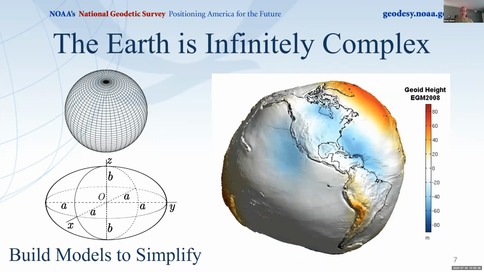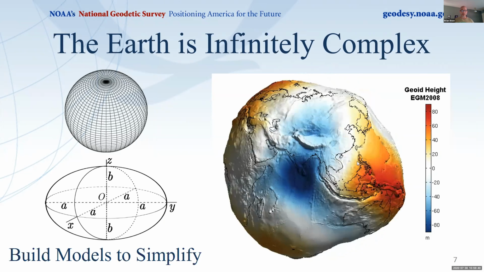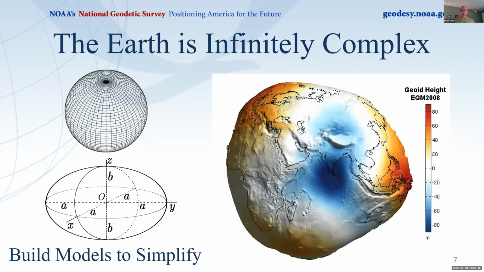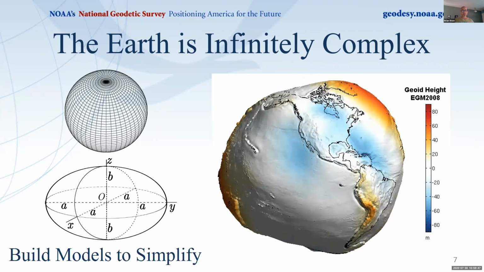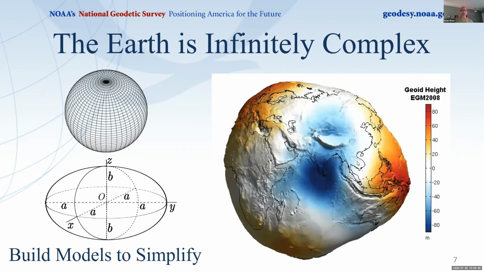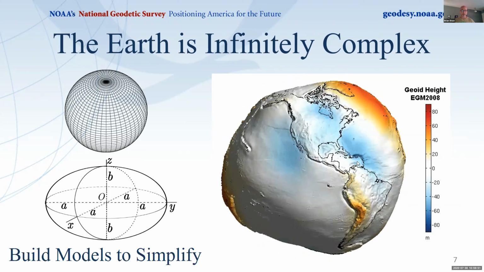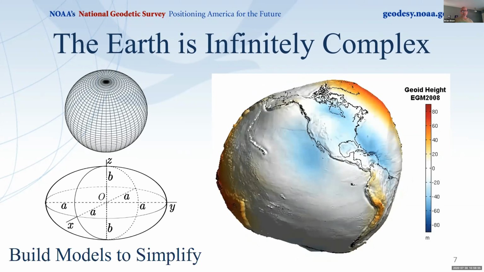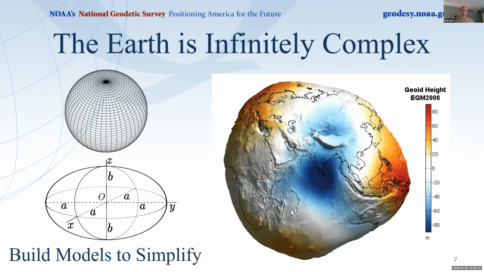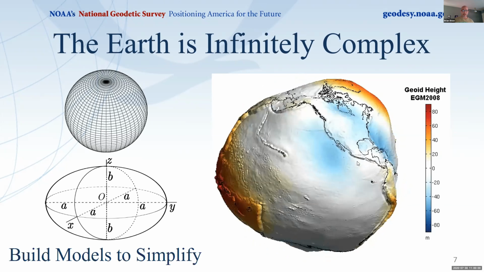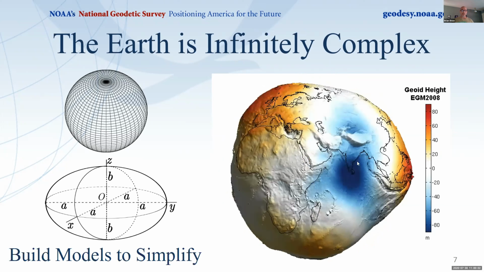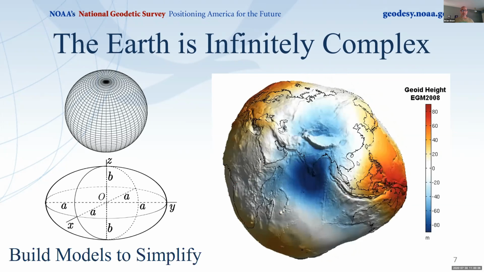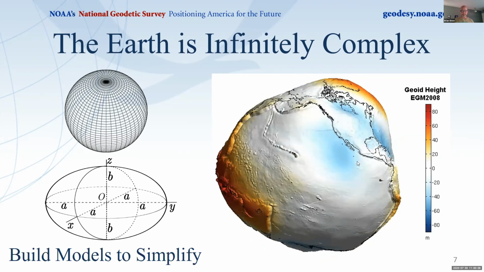From creating a sphere and generalizing the Earth as a sphere, to then understanding that it's an ellipsoid, an oblate ellipsoid, to, on the right here, the geoid, which is essentially the representation of global mean sea level. Having these models really helps us to provide a means for geospatial infrastructure without being infinitely complex.